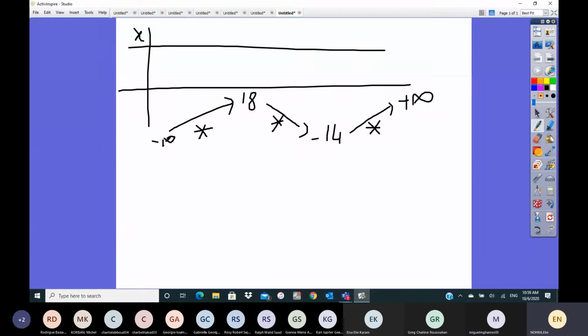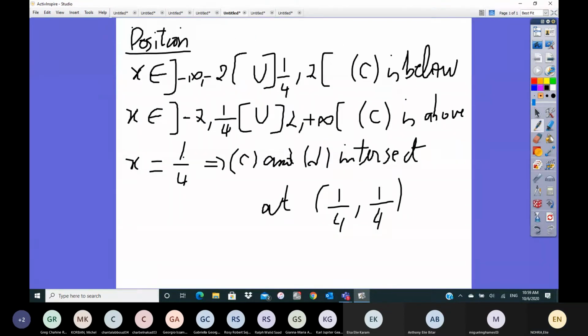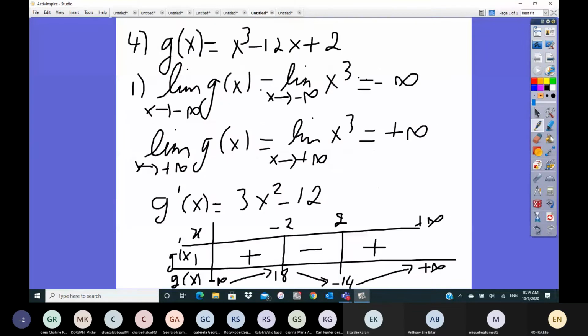Okay. Where do you want me to repeat from? From the table of variations.